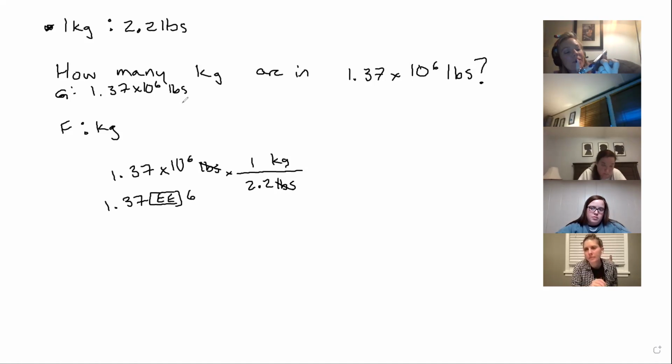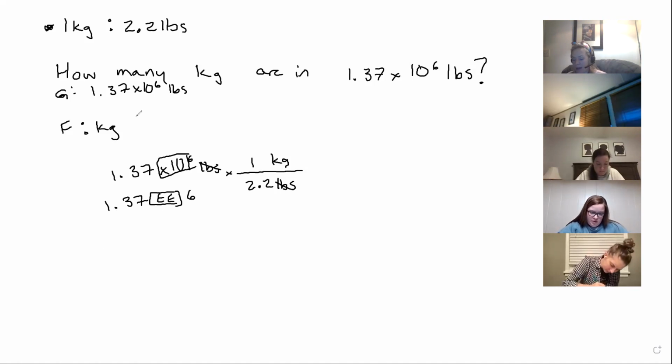You turn your cell phone over, you get more of a scientific calculator. There's going to be an EE button right there, next to the 1. You don't want to write 1.37 times 10 to the EE6. You either use times 10 to the, or you use the EE button. Just know that those are the same.